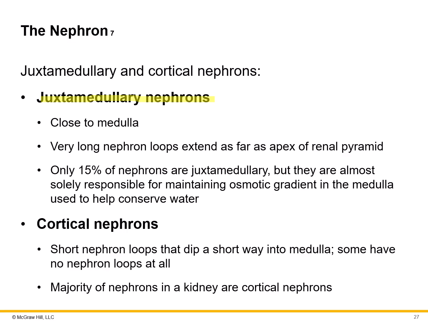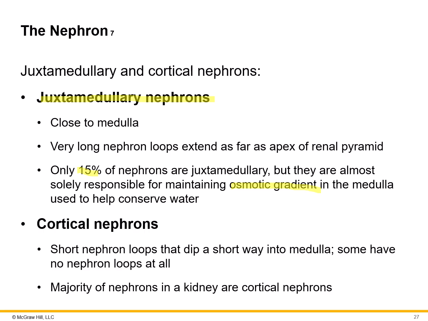Only 15% of your nephrons are juxtamedullary, but they are very important for the osmotic gradient in your medulla. We're going to talk about this more later on, but when it comes to absorption and the movement of water, these are going to be key players. If you need to conserve water, juxtamedullary nephrons are going to help with that.